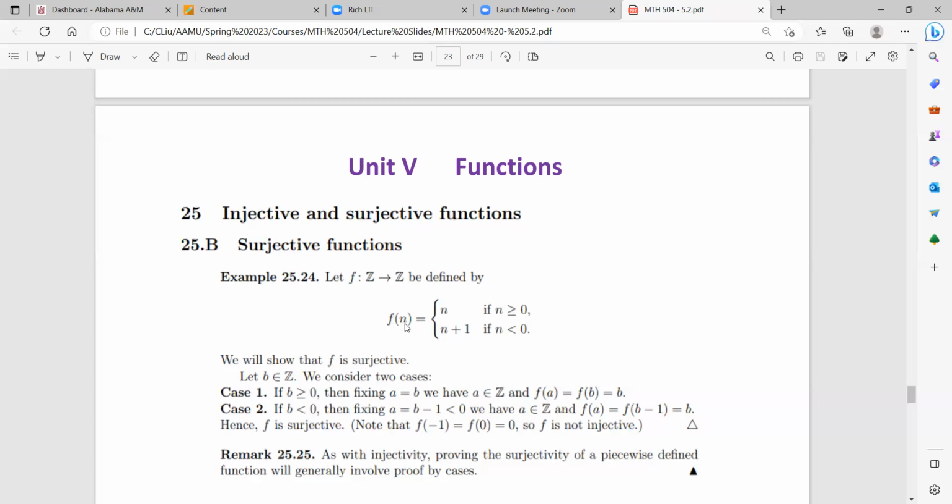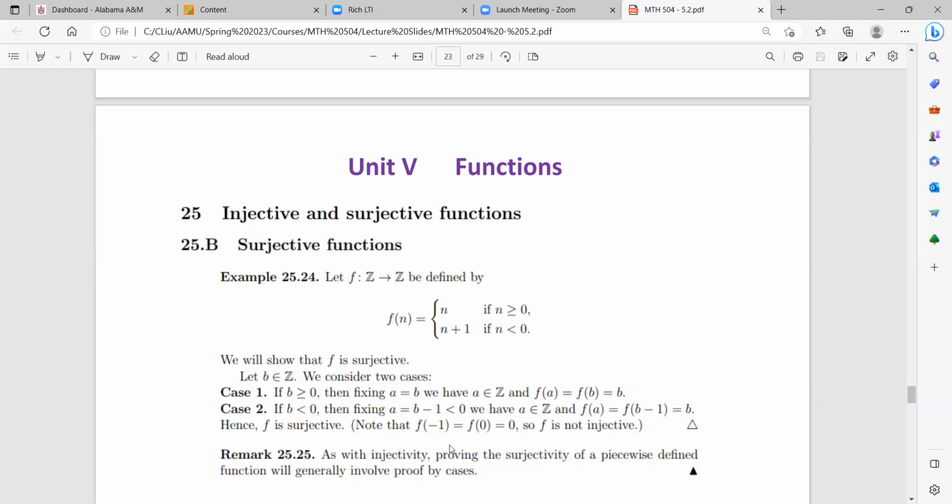If n is 0, then f of 0 will be 0. You have to use the top formula because 0 is greater than or equal to 0. So f of 0 is just 0. But if n is -1, then you're going to use the bottom formula. So f of -1 is -1 plus 1, which is 0. So f of -1 is also 0.